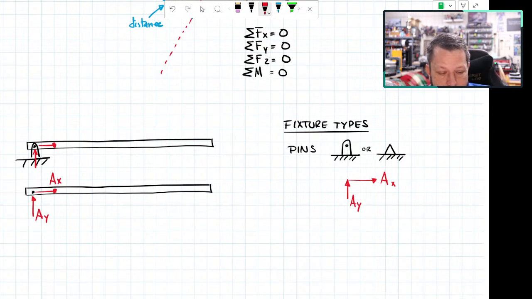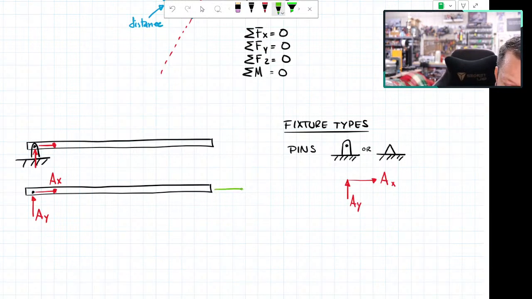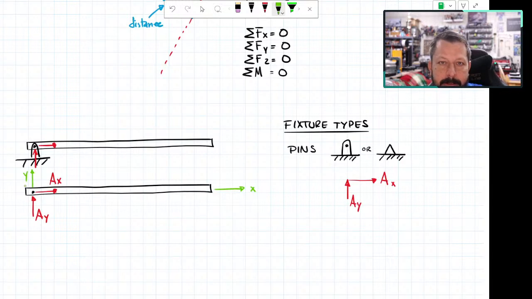I am drawing them in the traditional way, X is positive if it goes to the right, and Y is positive if it goes up. That's, 90+% of the time, what you do. There might be some cases where it makes sense to have X in some orientation other than horizontal. That's fine as long as when you draw the Y axis, it is perpendicular to X. That's all that really matters.